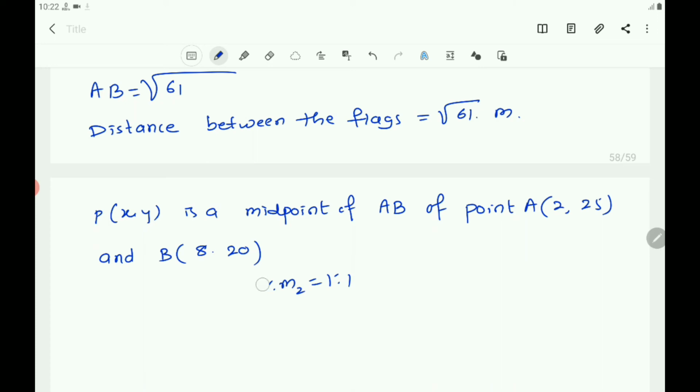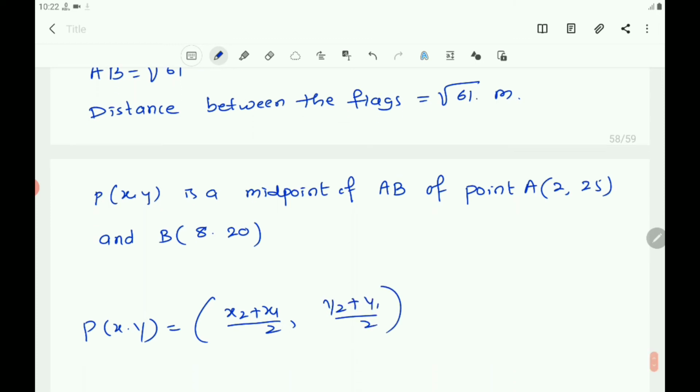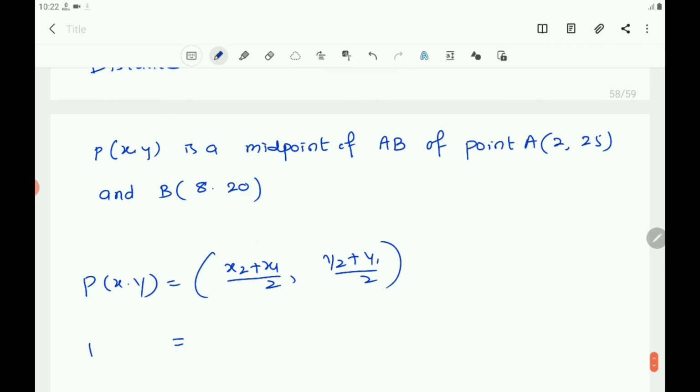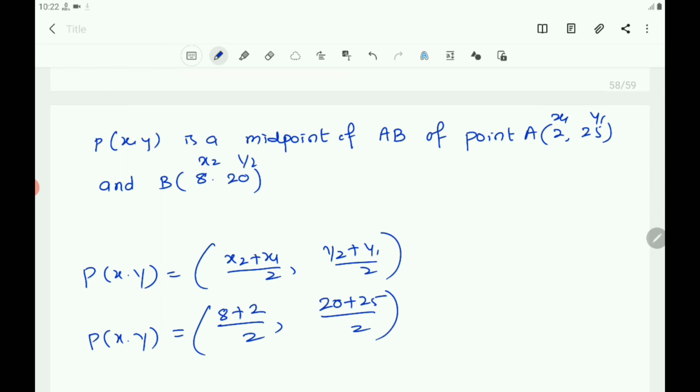Then the midpoint formula is P of xy equals ((x2 plus x1) by 2, (y2 plus y1) by 2). Here again you have x1 y1 x2 y2, then you write x2 plus x1, that is 8 plus 2 by 2, and y2 plus y1, that is 20 plus 25 by 2.